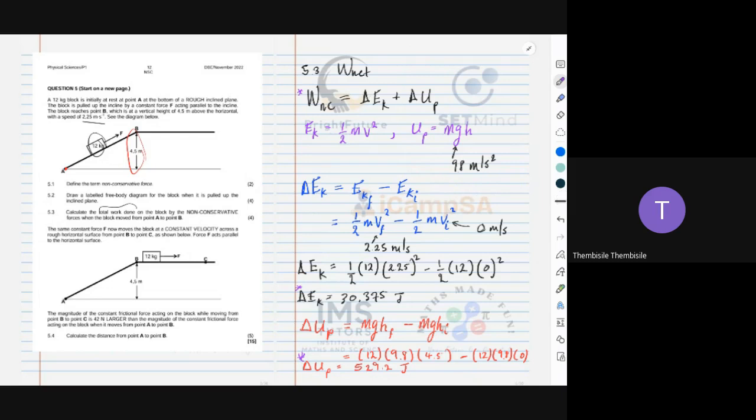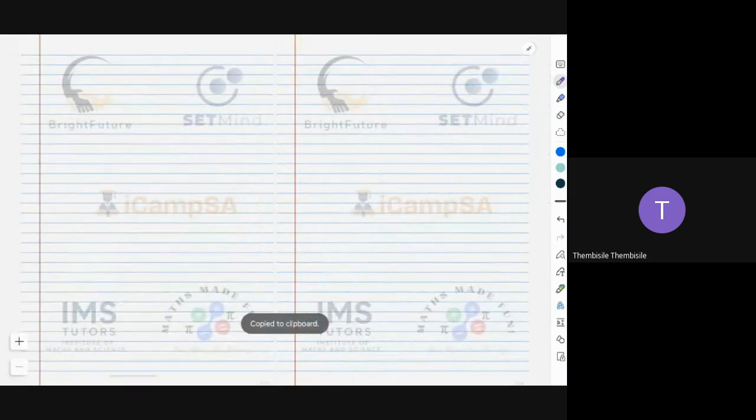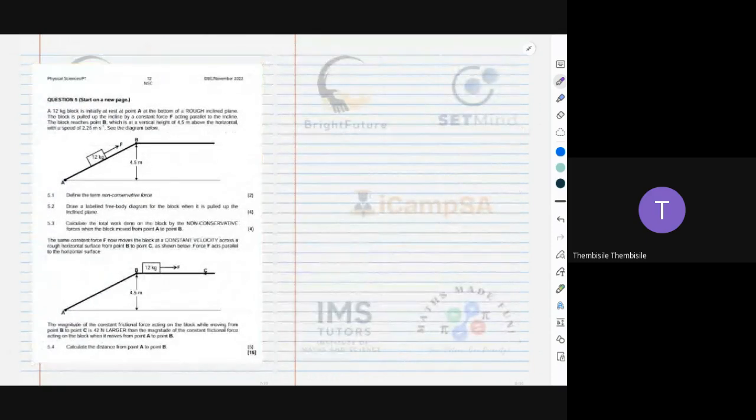So moving to the next, we come here, let's paste it again. So that means work done by non-conservative force equals the change in kinetic energy plus the change in potential energy.